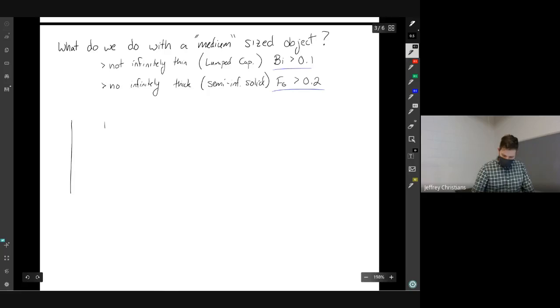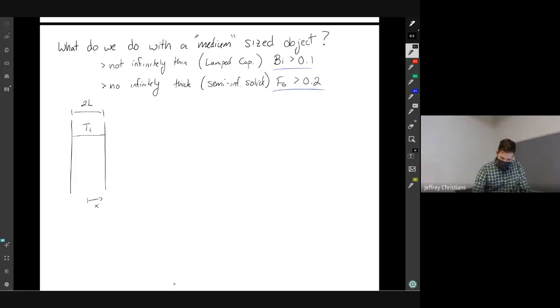So if we have an object like this of thickness 2L and an initial temperature that's flat, so some thickness, it's a plane. This is a 2D plane. We'll call this the X direction.